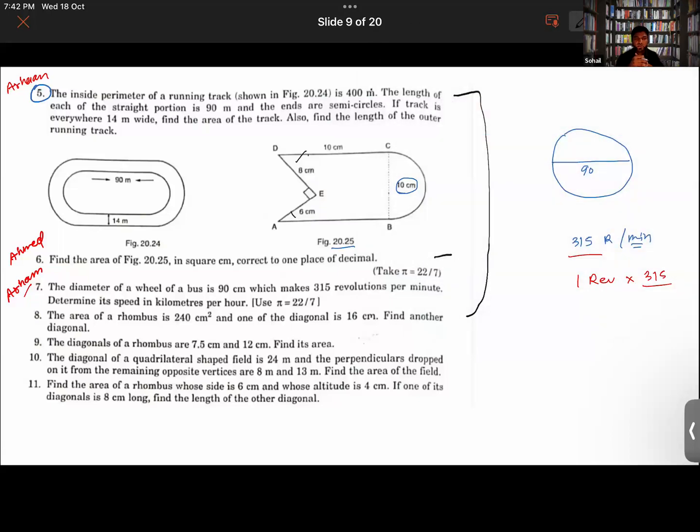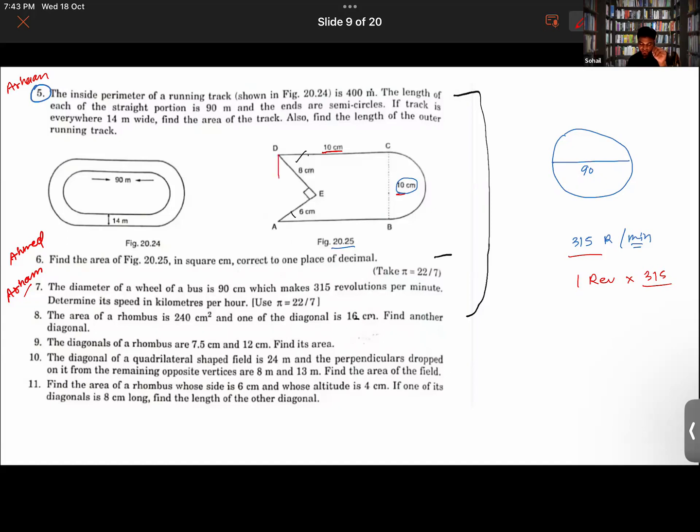Look at the complete figure first. Figure ABCD, that is the name of the figure. Do you see a square here? Can we get a square over here? Look here. This side measures 10 centimeter. This side measures 10 centimeter. This side measures 10 centimeter.